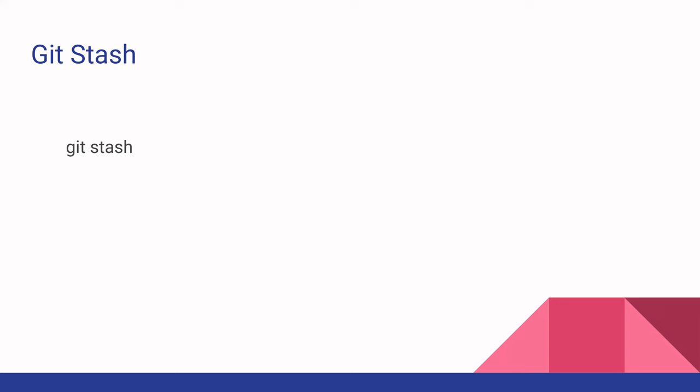So in that case, if you want to save the changes to the master branch that you were doing, and then you want to switch for the branch 1, then you can use this git stash command and save the changes to master branch, and then can successfully switch to the other branch that you need to send the PR. So for that, this git stash command will be used.